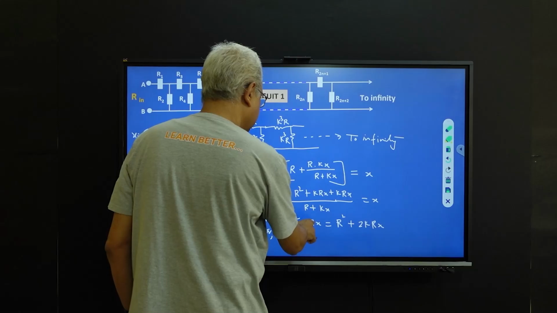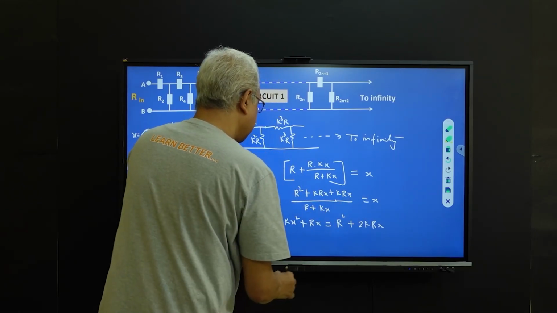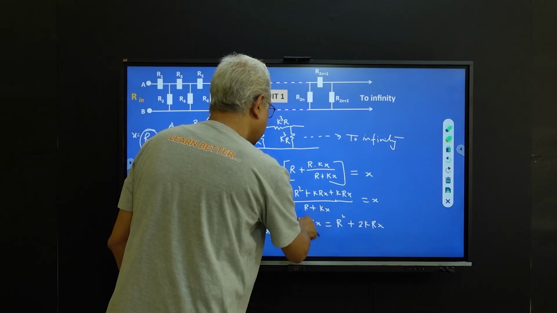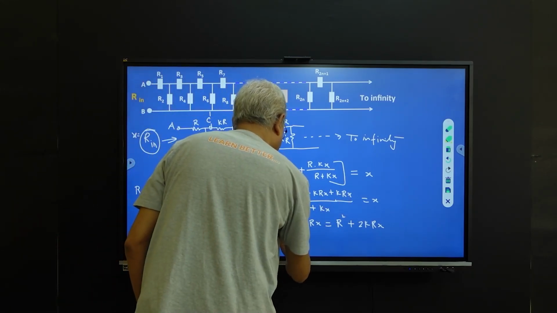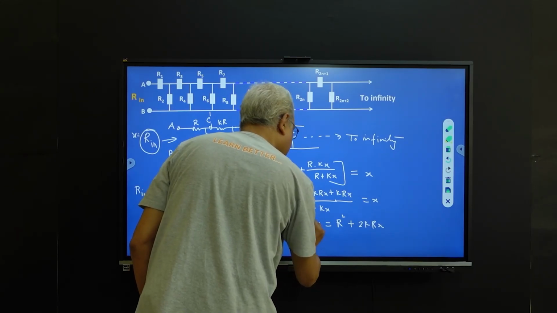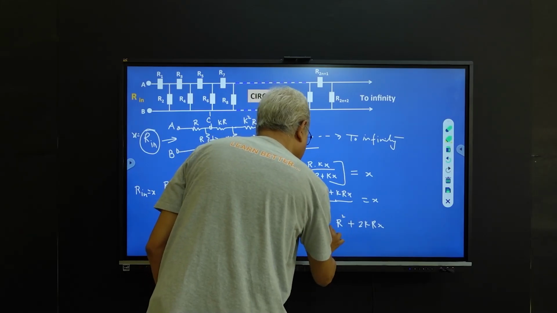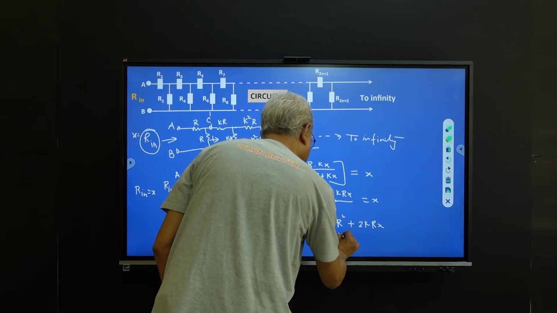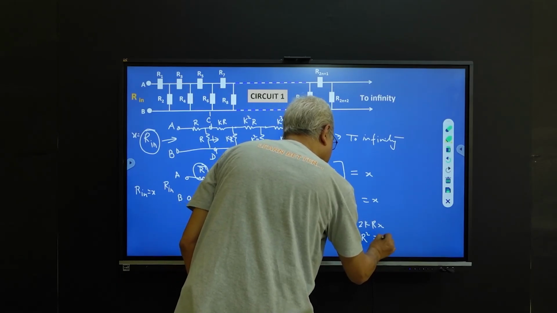Kx squared plus Rx; if I take X common, X into R, then we get Kx squared plus (R minus 2KR)x minus R squared equal to 0.